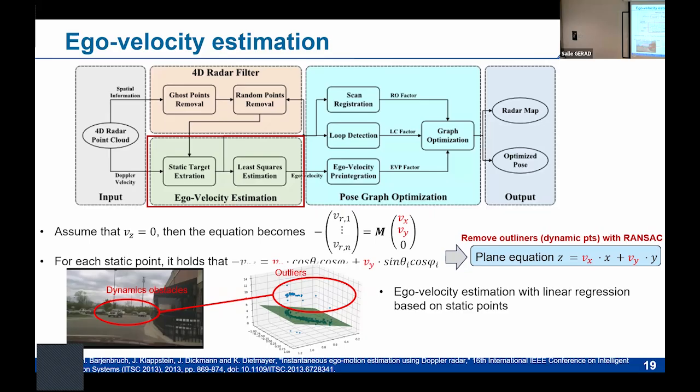Not yet, but we are working on combining with cameras because that's a perfect fit between these tools. Radars are extremely robust, but they have sparse, noisy point clouds. With cameras, you can have very rich features and not sparse at all, but they are non-robust.